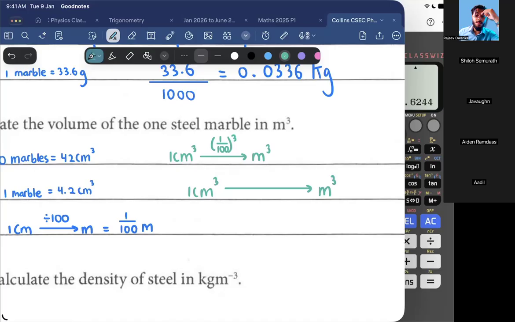Javon, you having some trouble plugging that into the calculator? It's alright if you're having trouble, just tell me. I'll see how I can help you. Javon, what's going on?